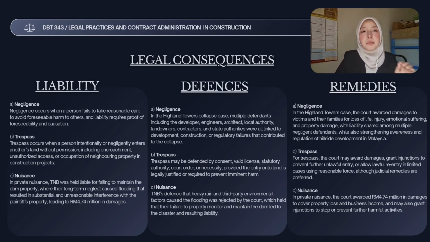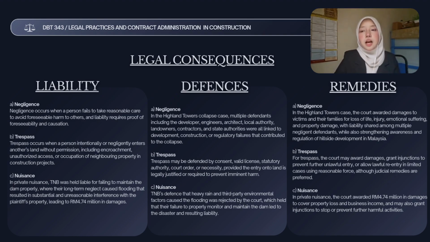In trespass, the defenses include consent, legal authority, or necessity. For instance, the defendant may argue that the damage was caused by a natural event or third parties, but this defense will fail if they did not take reasonable steps to prevent the harm.